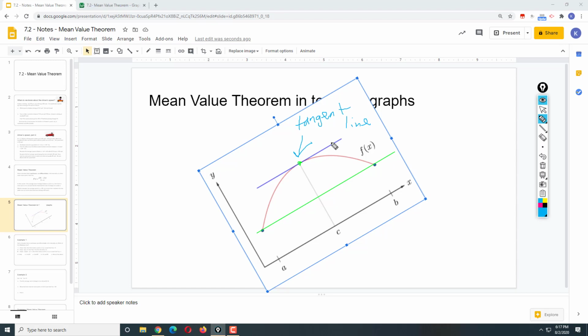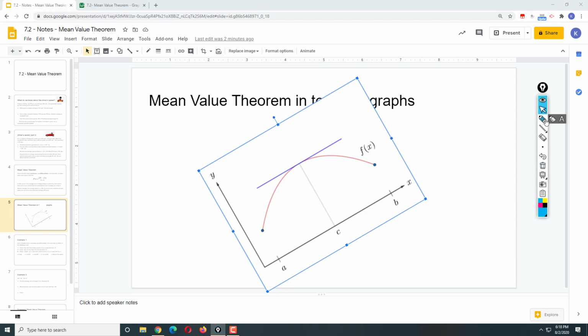And we can clearly see from this graph that the slope of the tangent line is equal to the slope of the secant line. So that's true for any average rate of change. So this graph shows that the mean value theorem is true. Given any average rate of change between 2 points, there's some point in between where the instantaneous rate of change is the same as the average rate of change in the interval.